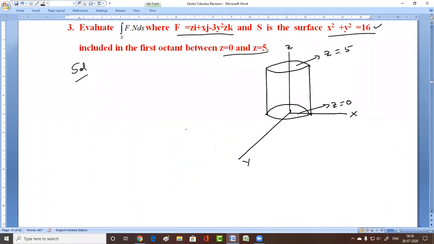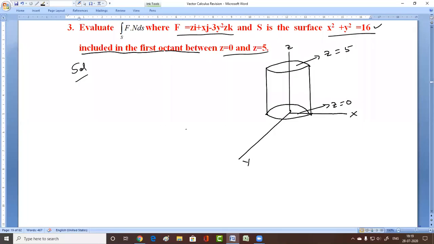And also given, included in the first octant. Included in the first octant is nothing but the region between the xy plane, yz plane and zx plane. Yesterday we discussed the first octant. Now this is nothing but 1/4 of the cylinder. Then what is the actual diagram?